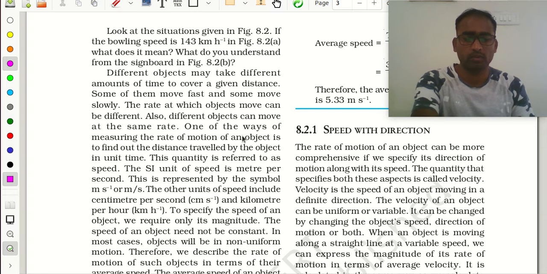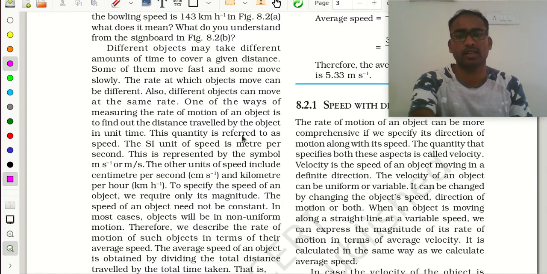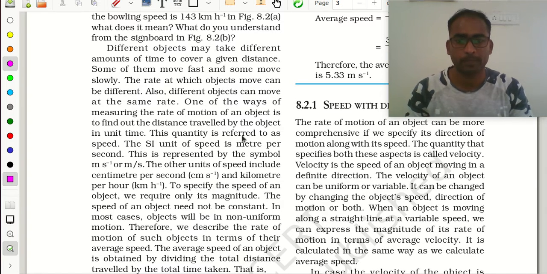From this we need to understand that different objects will take different amounts of time to cover a given distance. Some of these are fast and some are slow. The rate at which these objects move is different, na. So these objects can also be at the same rate.